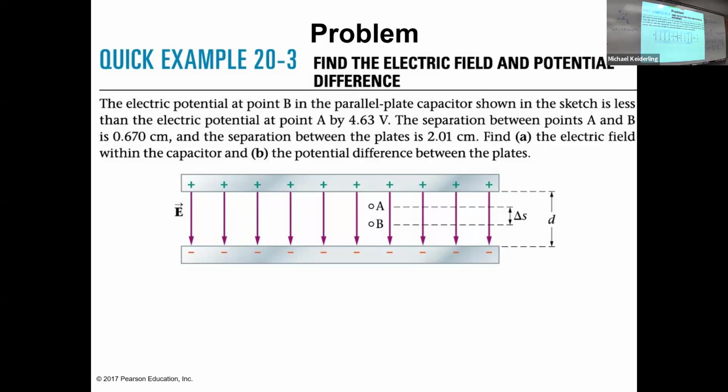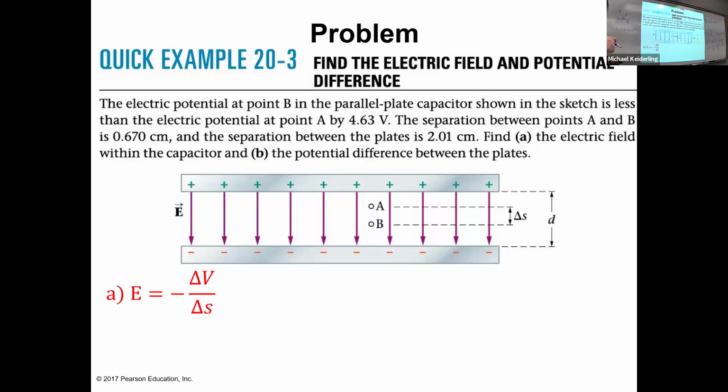So find the electric field within the capacitor and find the potential difference between the plates. To find the electric field between the capacitor, we'll use that the electric field is minus delta V over delta S. And our delta V for this first part is 4.63 volts, and our delta S is 0.670 centimeters.